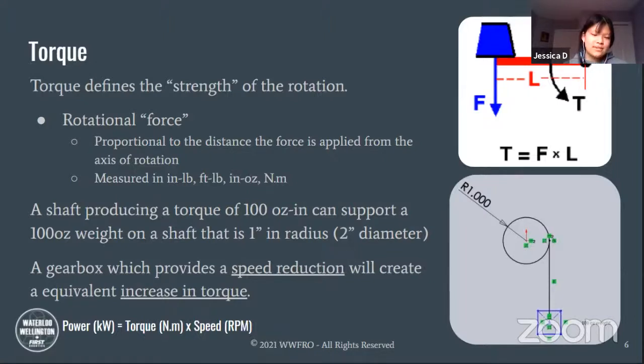That means that if you increase the speed through your gear mechanism, you're going to have to decrease the torque so that when you multiply those two values together, it still equals the same amount of power. Or vice versa, if you are decreasing the speed, you're going to have to increase that torque proportionally, of course, so that the power remains the same throughout.